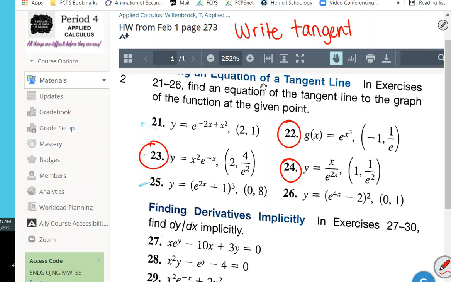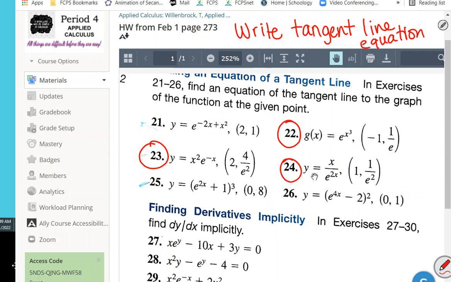So you write the tangent line equation to each of those functions at the given point. The nice thing is, you don't have to worry about the y value, because you've got that. You've got the x and you've got the y. You primarily have to worry about the derivative to generate the slope to ultimately make the tangent line equation.